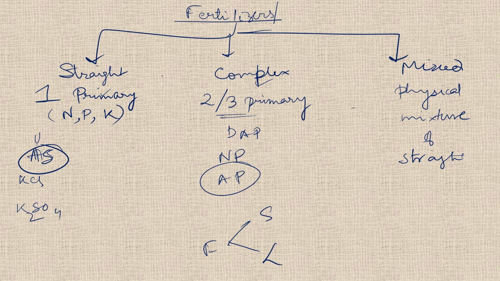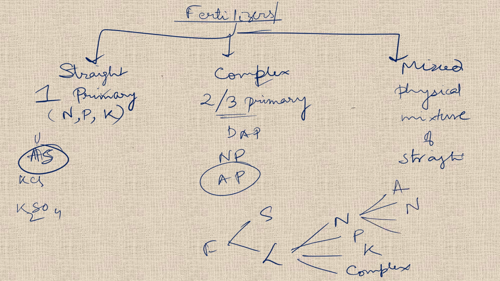They are also classified into nitrogenous, phosphatic, potassic, and complex, and the examples remain the same. Nitrogenous fertilizers are further divided into four: ammoniacal, nitrate, ammoniacal plus nitrate, and amide. So I hope you are clear about these.